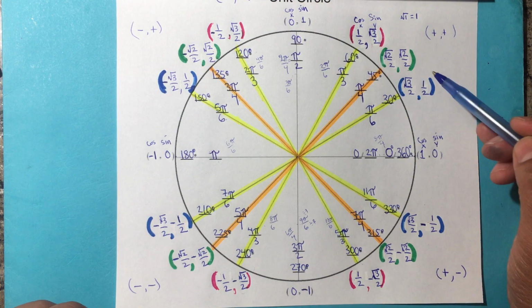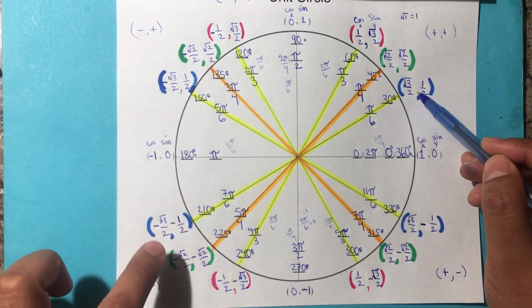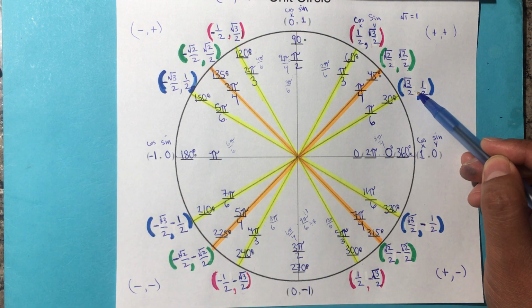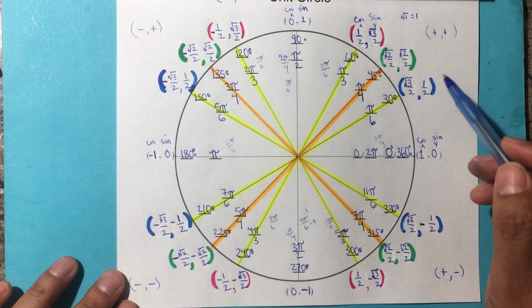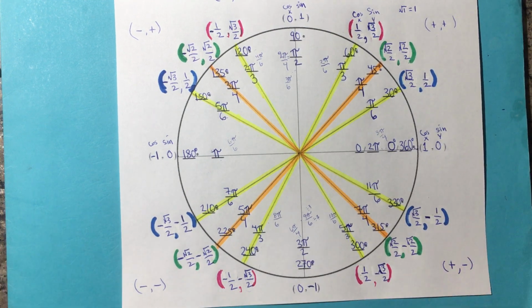And all the blue ones have exactly the same values with appropriate signs. These are going to be very helpful when we find the sine, cosines of angles, when we find tangent later on, when we find secants, cosecants.